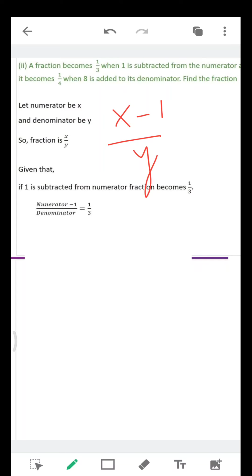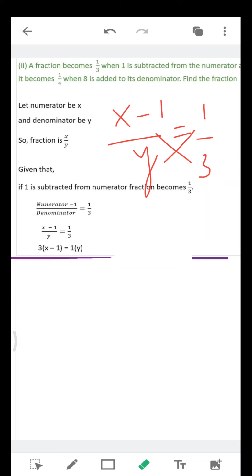So 1 is subtracted from the numerator, and it becomes 1 by 3. So x minus 1 by y is equal to 1 by 3. We'll cross multiply this: 3 into x minus 1 is equal to y.